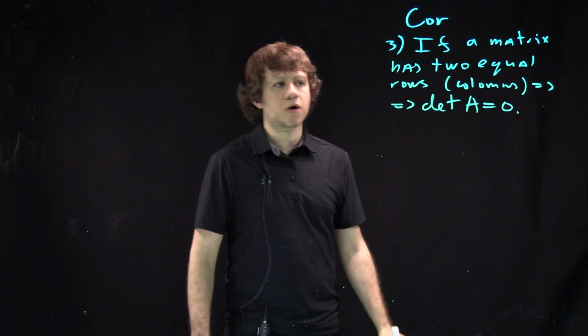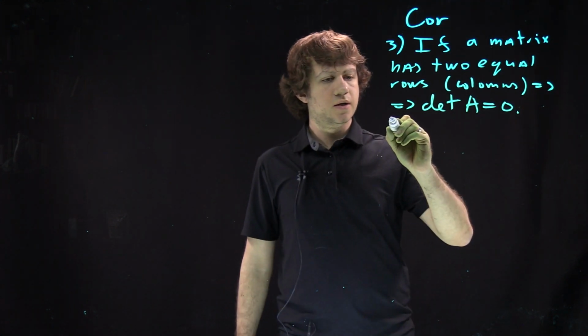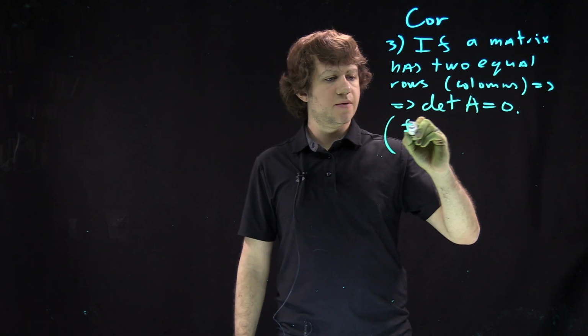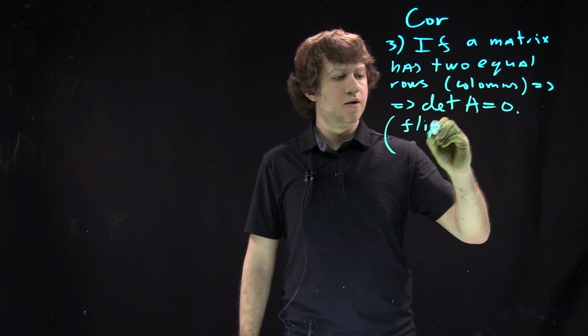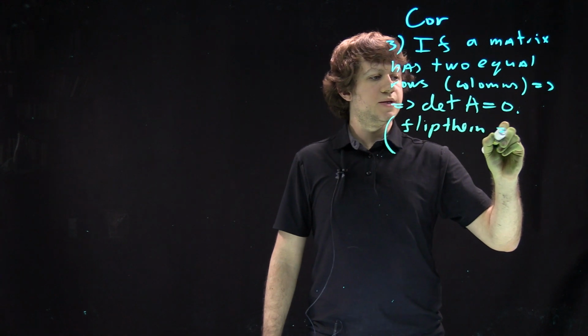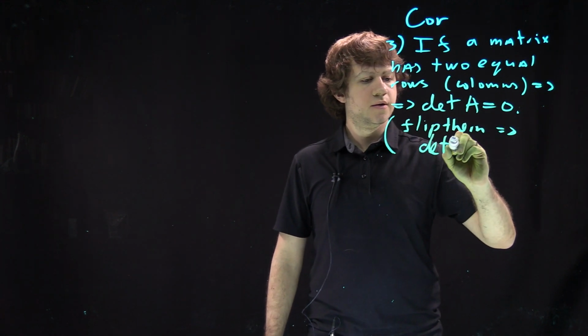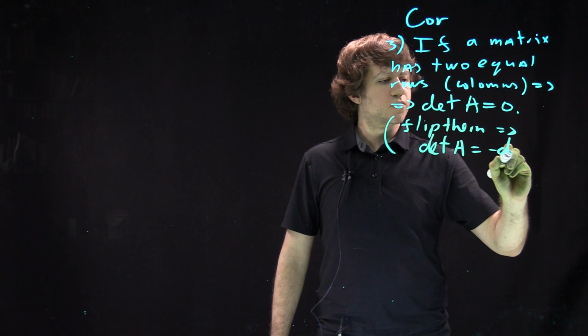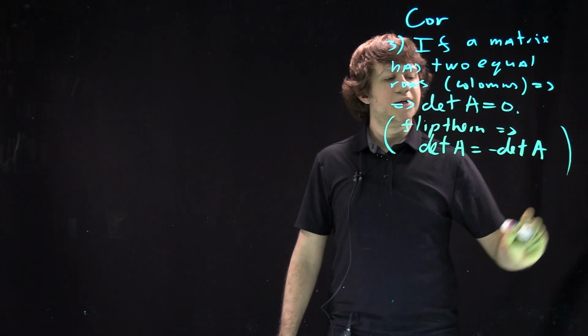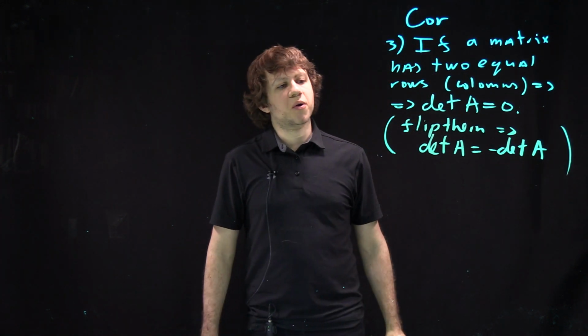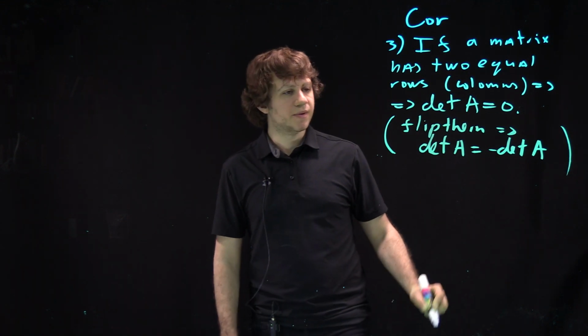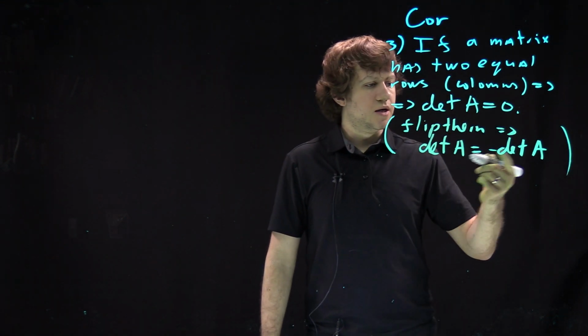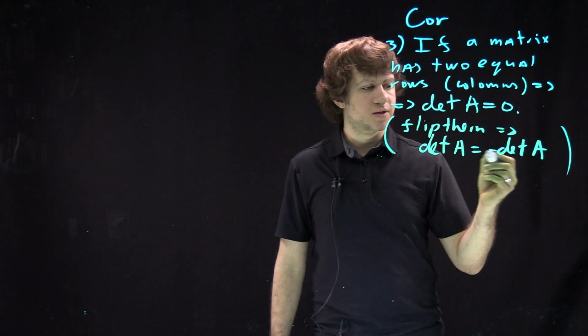That's just because the proof is just flip them, and then determinant of A equals minus determinant of A. And here is a funny trick. Honestly, this does not exactly work, because for instance, if you have your field being F2, then this doesn't prove anything.